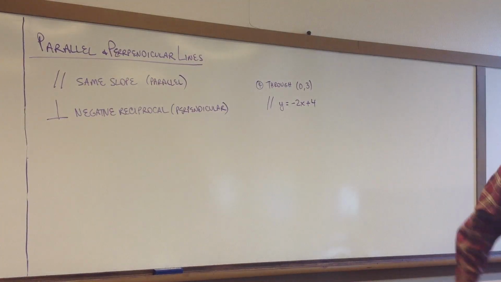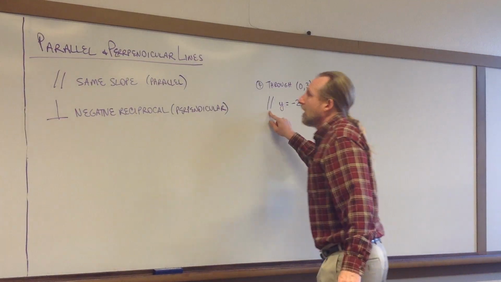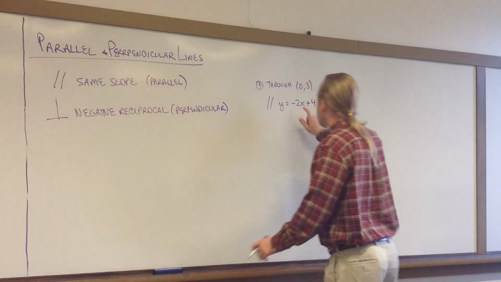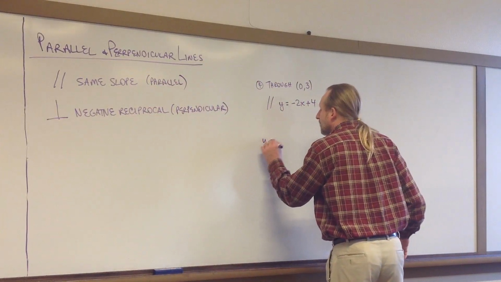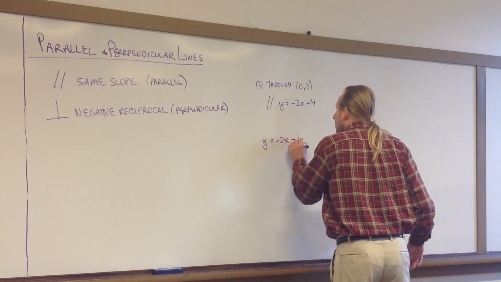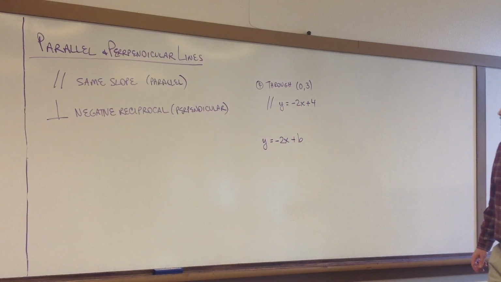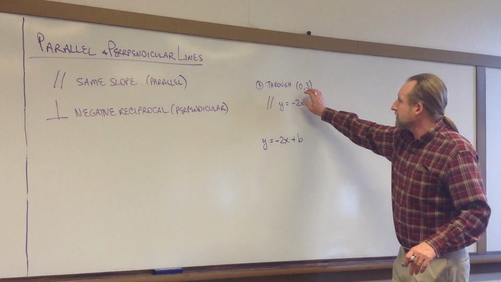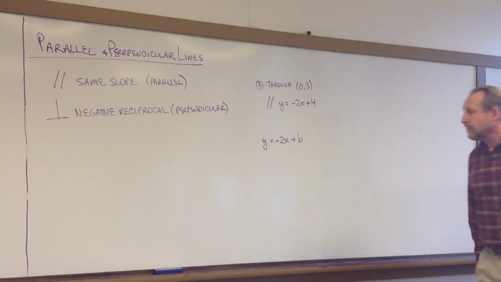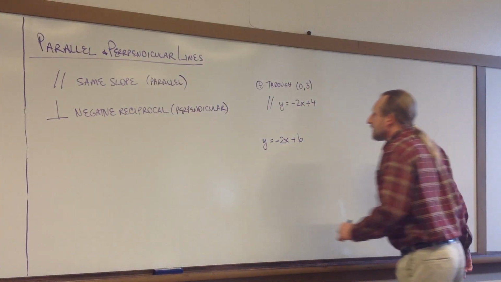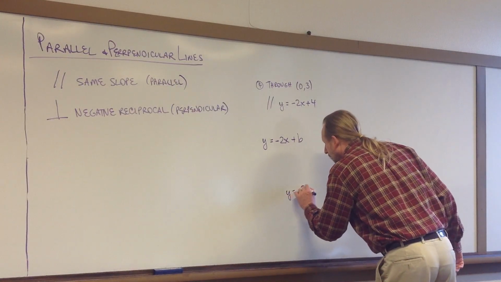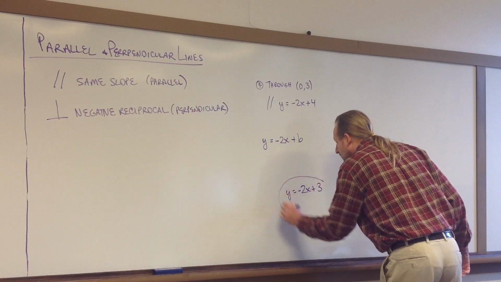Again, if it's a parallel line, it'll have the same slope. The slope is -2, so the line we're looking for is going to be in the form y equals -2x plus b. Now this turns out to be the y-intercept, (0, 3), so I can jump down to the answer: y equals -2x plus 3.